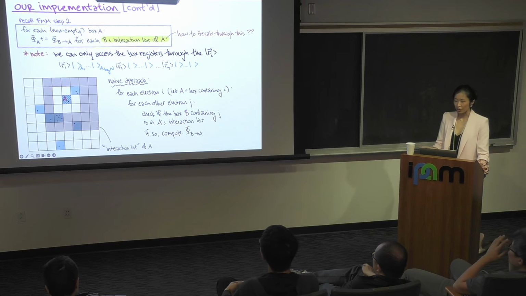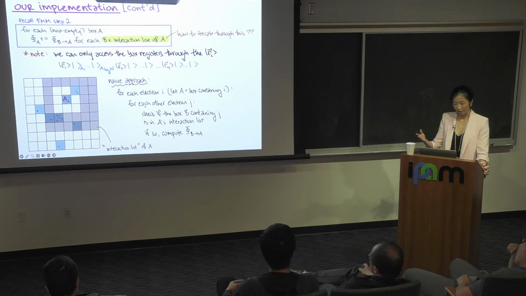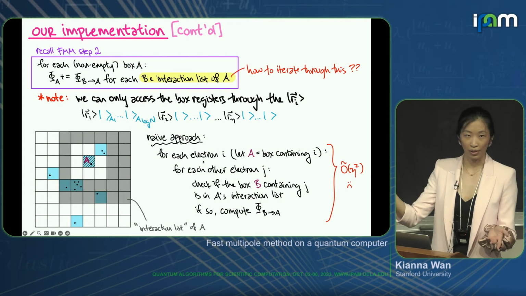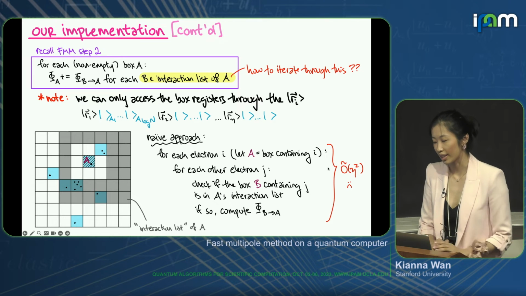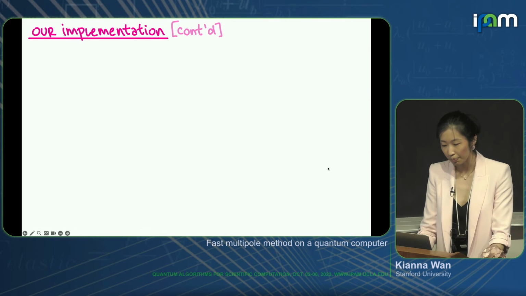So a naive approach would be to iterate for one electron, look at all of the other electrons, check if the box containing that electron is in the interaction list, and if so, compute the potential contribution. But this would involve, for each electron, iterating through all the other electrons. So this would lead to quadratic complexity. In other words, not any better than the brute force approach.